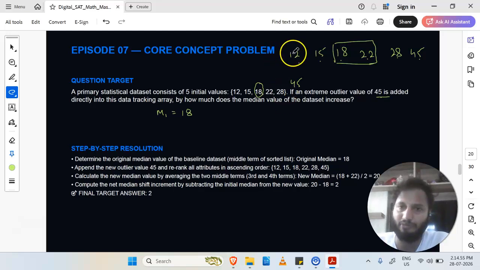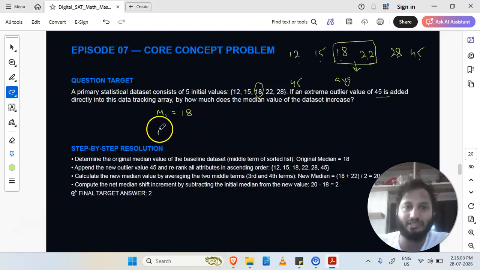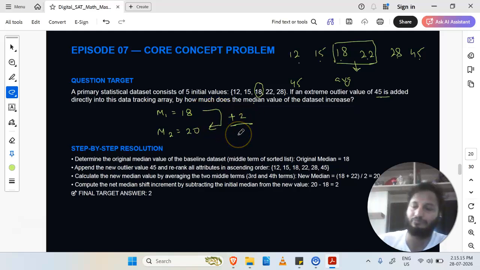When you have an even number of data points, two middle values are possible. So your median will be the average of these two values, which in this case is 20. So what they are asking, by how much does the median value of the data set increase? It is increasing by 2.